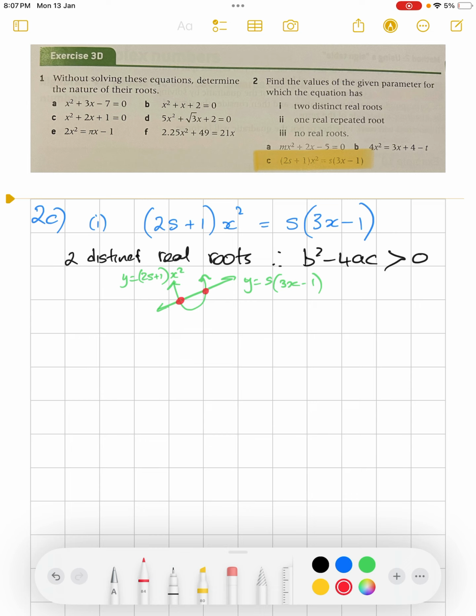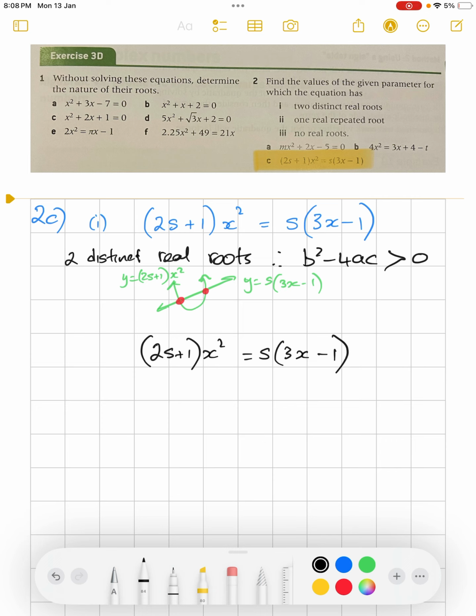So they could ask you that question. It's the same type of question. Watch out for that, where you just let each equation equal each other. So you let that parabola equal the line, and that's what we were starting with.